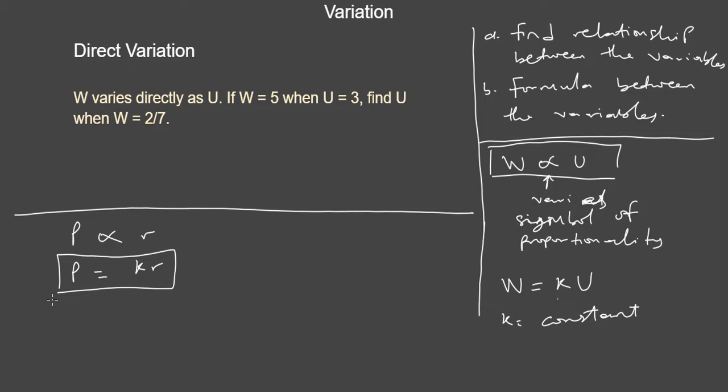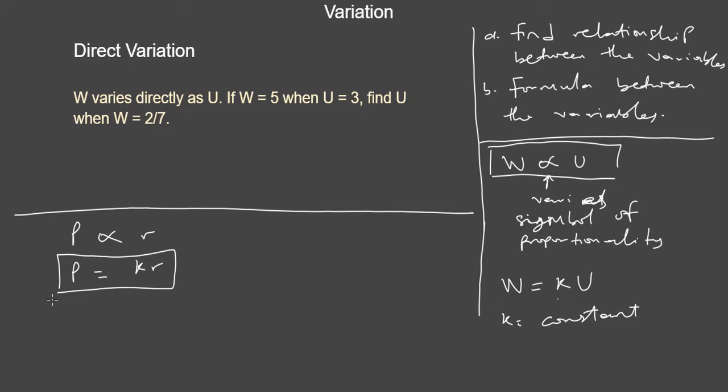But then, to get the value of K, you need more information. So that's why in variation, to get the value of K, they tell you more. More means they will tell you the value of the perimeter when the radius is something. They will just tell you those. And with that, you can get the constant.